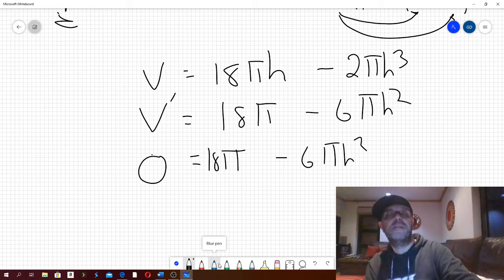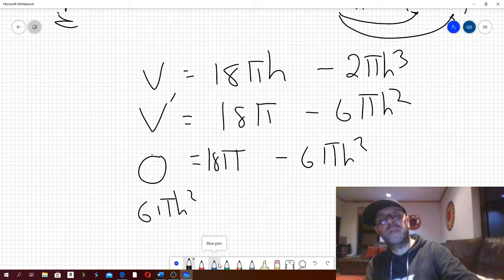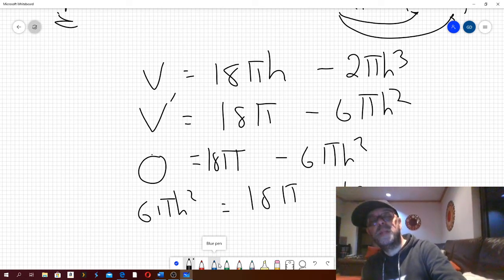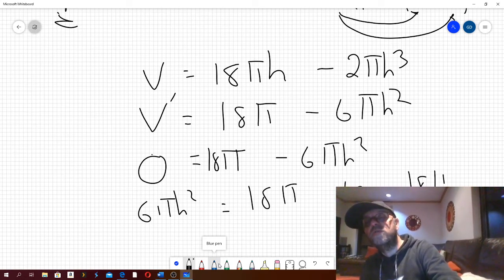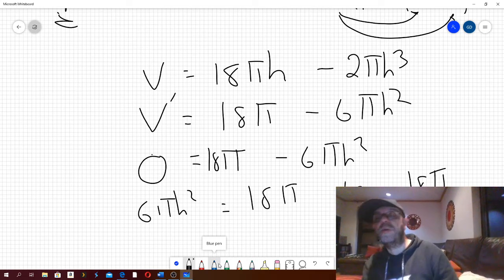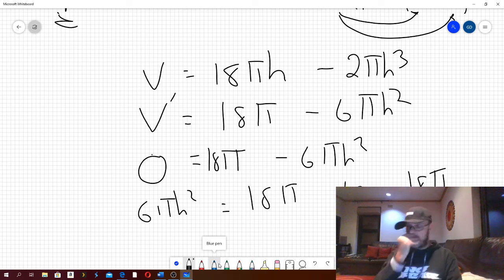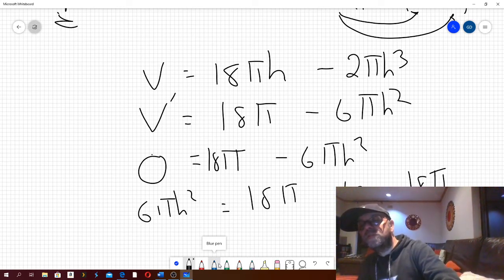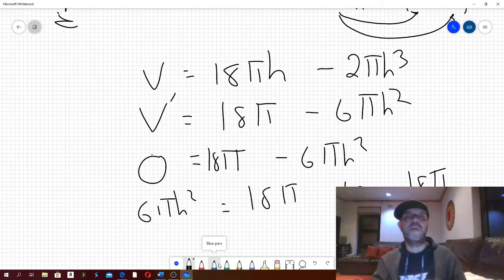Well, that means that the 18 pi is equal to 6 pi h squared, and that means that h squared is simply 18 pi over 6 pi. And of course that means that h is the square root of 18 over 6, which is simply 3. The pi's cancel, so root 3.